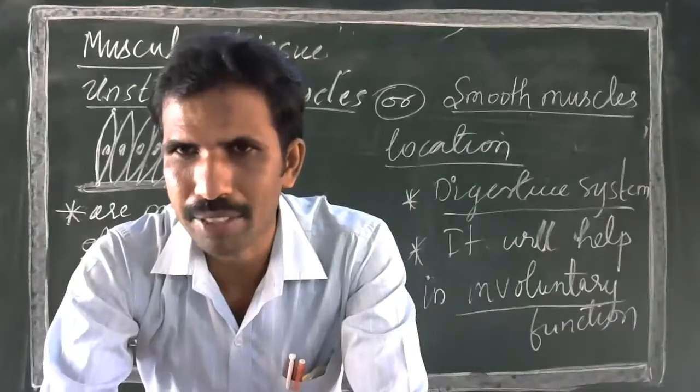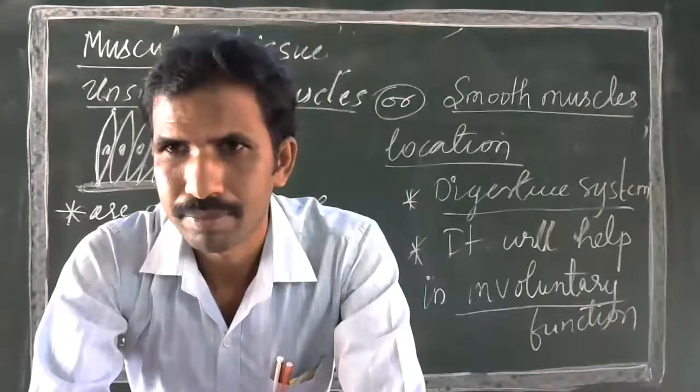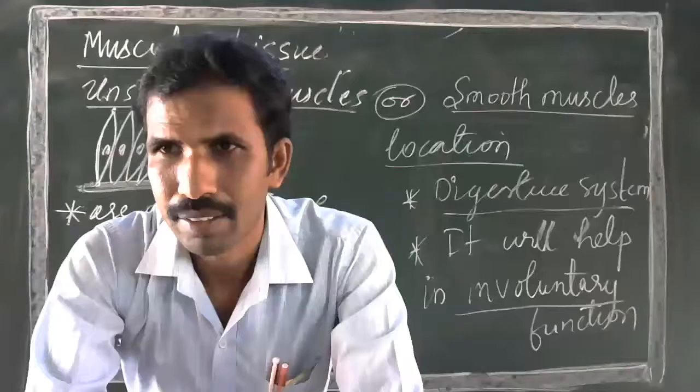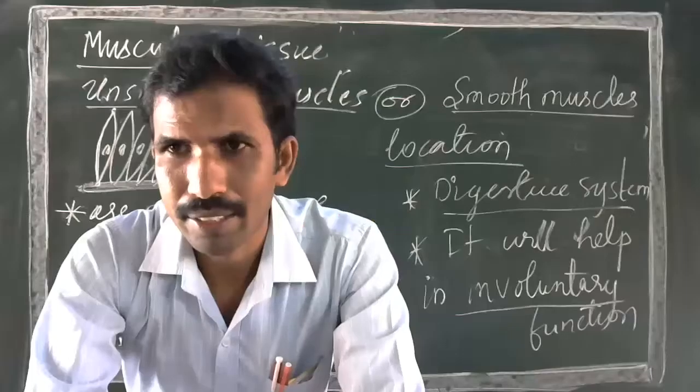Kamath, Akash Kamath. Movement of food in esophagus is called dash. Akash Kamath. Hello? Movement of Phloem. food in esophagus is called dash. Phloem.